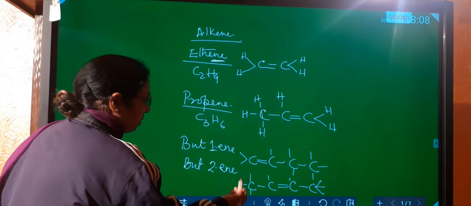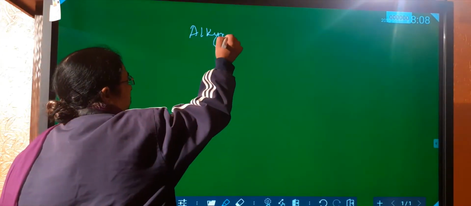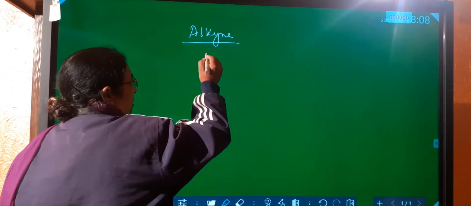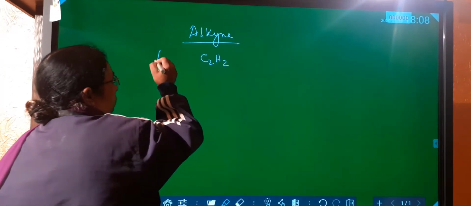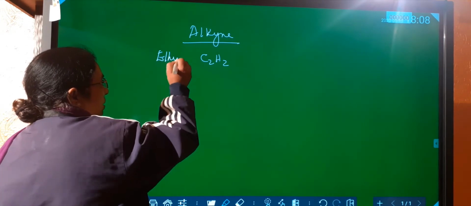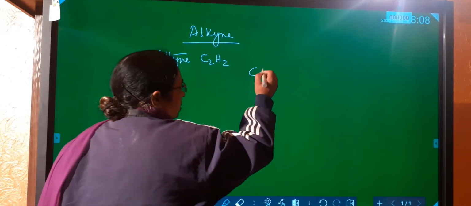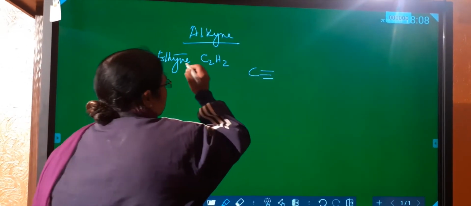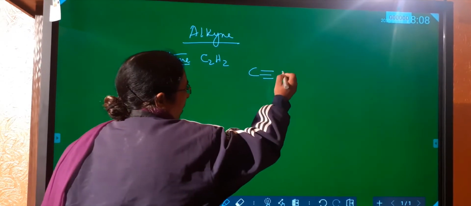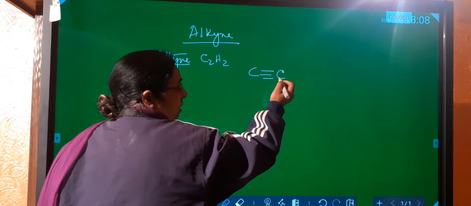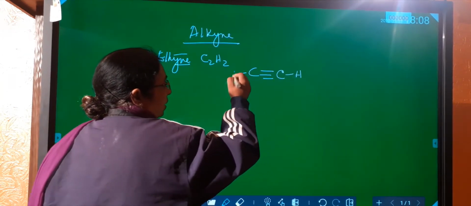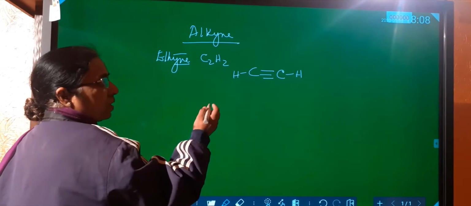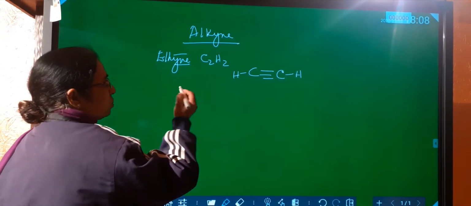Similarly, alkynes also we can see, the structure of alkynes. So that is C2H2. If it is alkyne, the first member will be ethyne. Alright, so this is C triple bond C. Since it is yne, I understand that the functional group is a triple bond. So over here again, if I complete the tetravalency of carbon, this becomes C2H2.